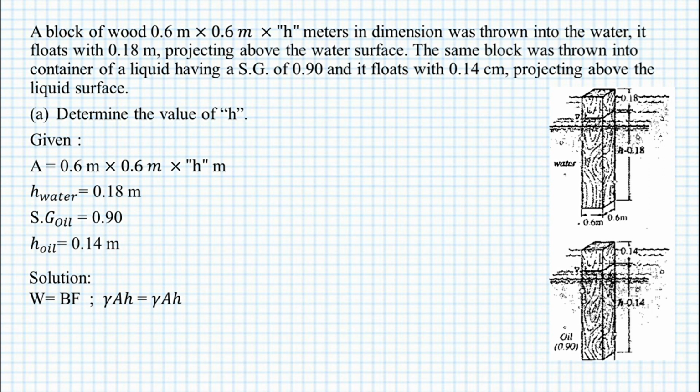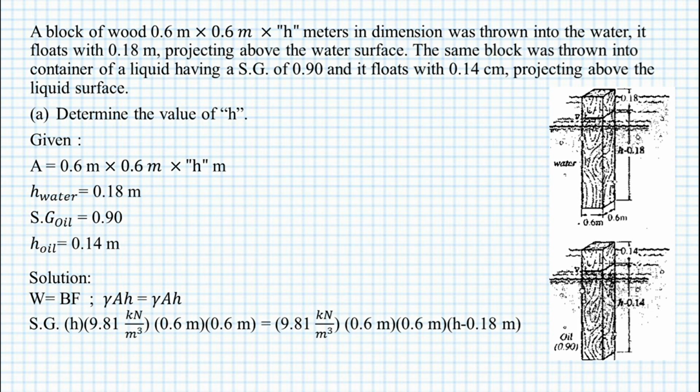So we have Sg times height times 9.81 kilonewton per cubic meter times 0.6 meter by 0.6 meter equals 9.81 kilonewton per cubic meter times 0.6 meter times 0.6 meter times (h minus 0.18 meter).